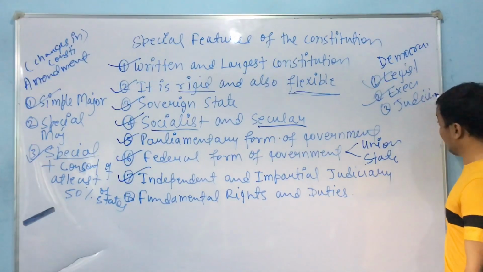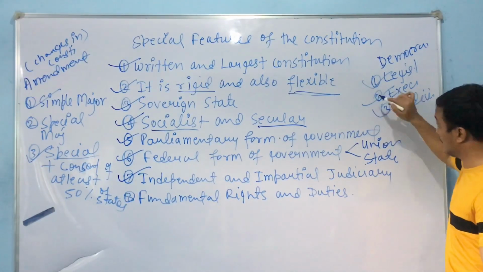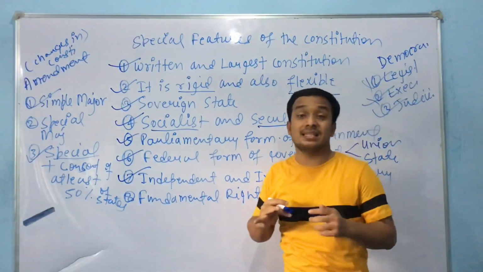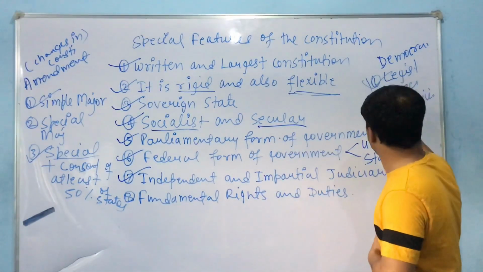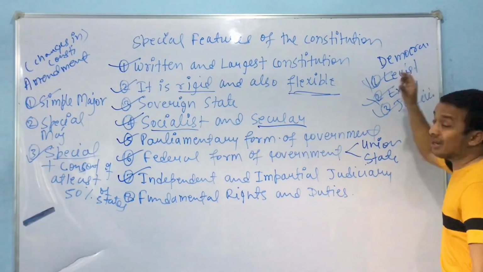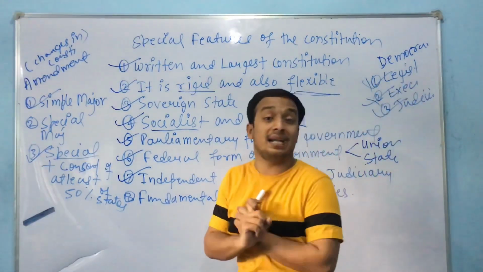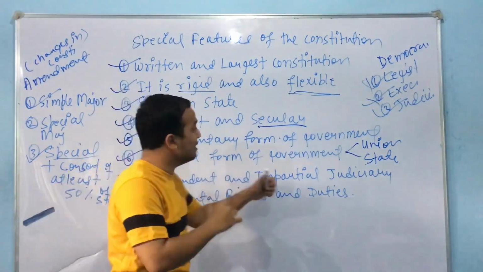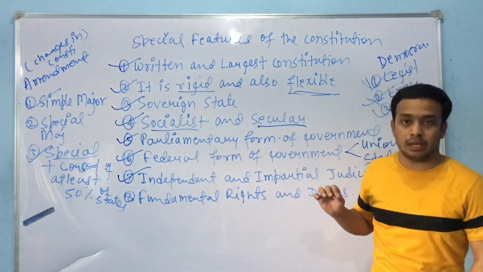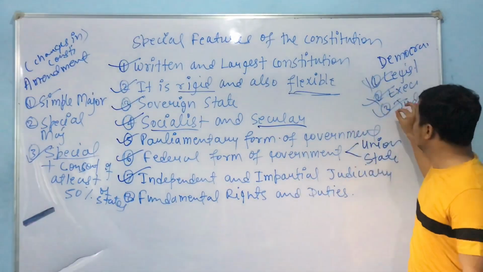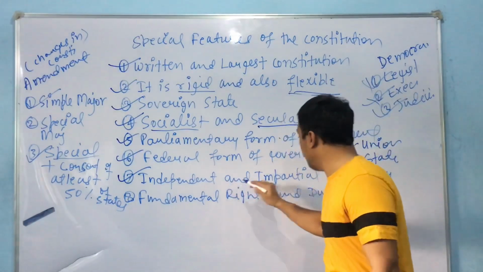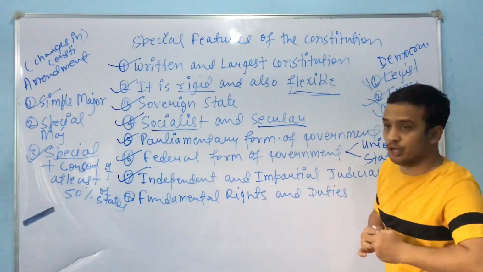Okay, whereas the third in Indian constitution, this is independent, means ये आजाद है, ये एग्जीक्यूटिव पर और लेजिस्लेटिव पर डिपेंडेंट नहीं है अपने फंक्शंस के लिए, means they are simply independent. Okay, so that is the special feature of the Indian constitution, independent and impartial judiciary.